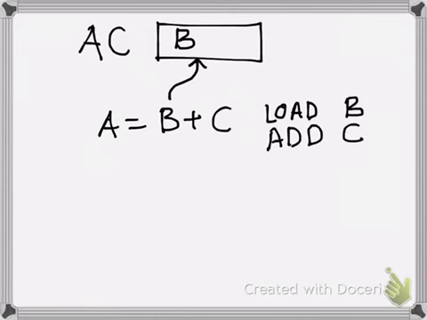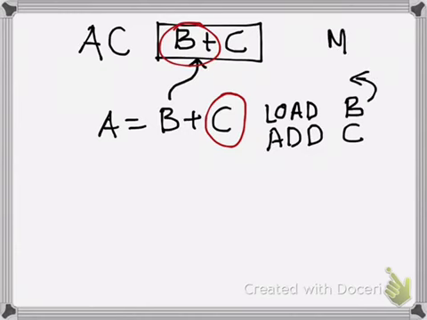What will happen now? The contents of the accumulator register will be added with the contents of memory location C, and then the accumulator register will store B plus C. So the first instruction takes the contents of memory location B and puts it in the accumulator register.